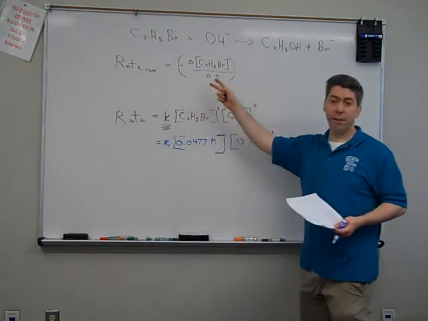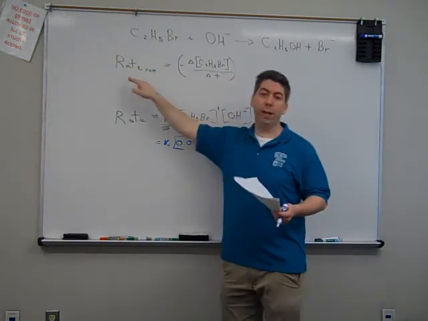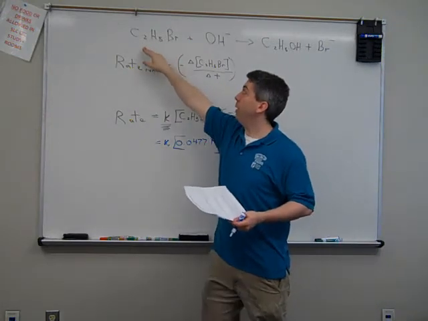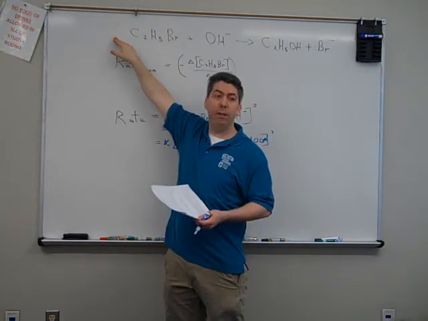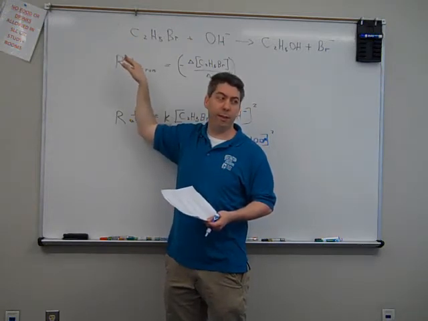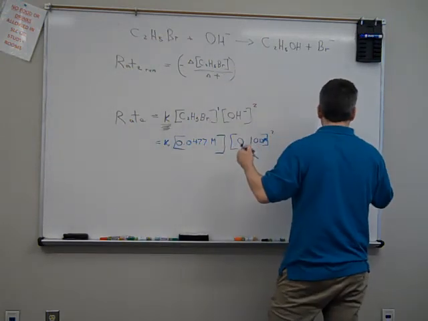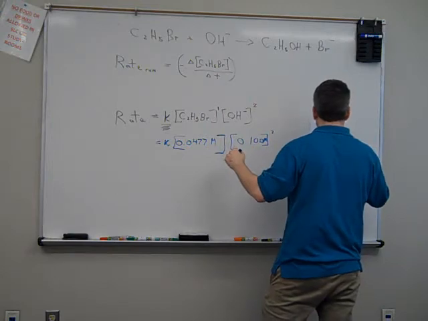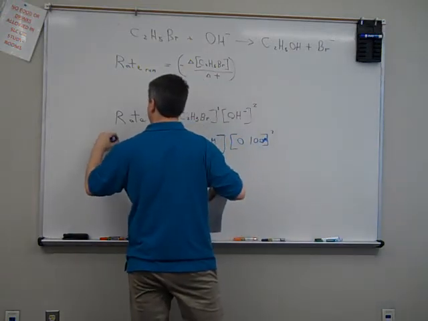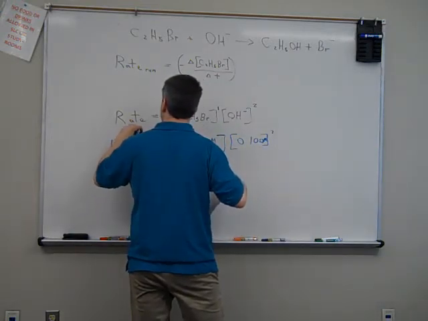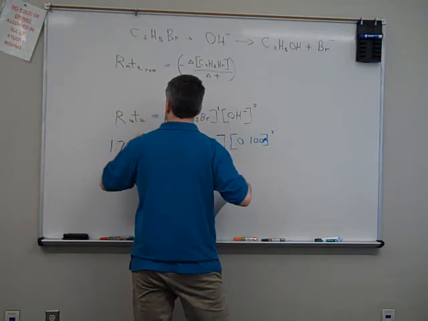But in this case, the rate of disappearance is the rate of reaction. However, if there was a number in front of here, we would have to take that into account and use that to solve for the rate of reaction. Does that make sense? So, in this case, we can plug that in as 1.7 times 10 to the negative 7 molarity per second.